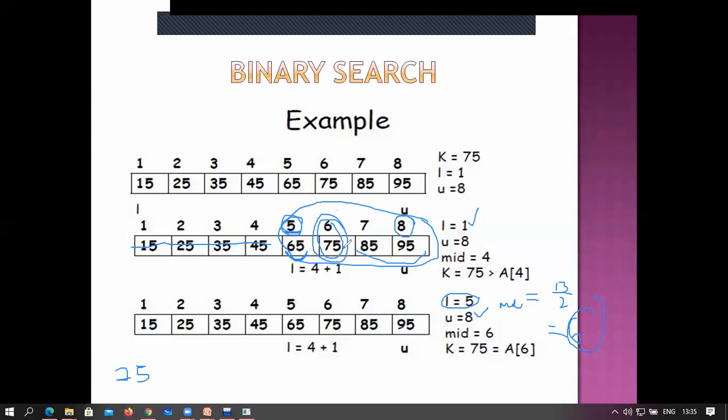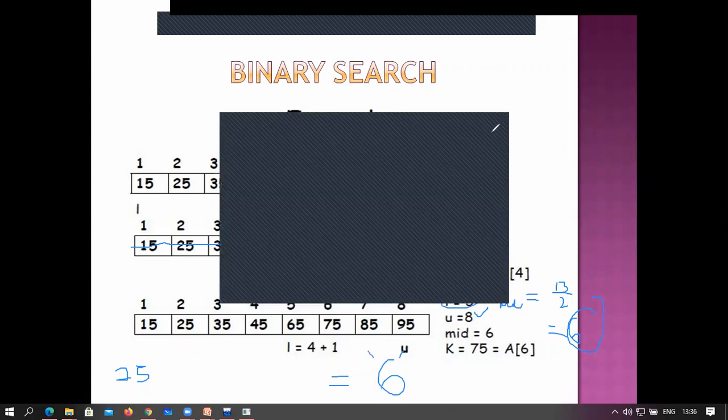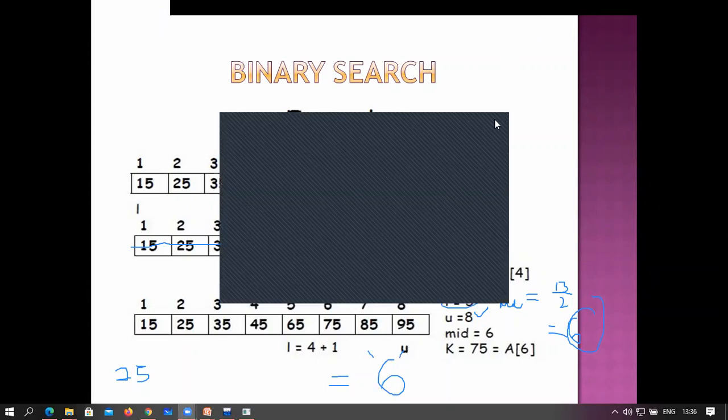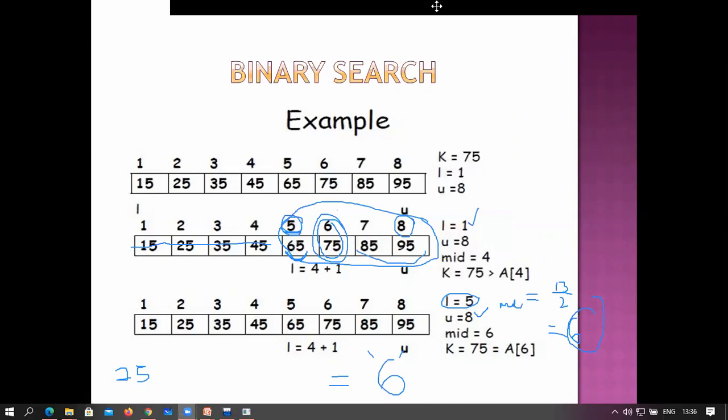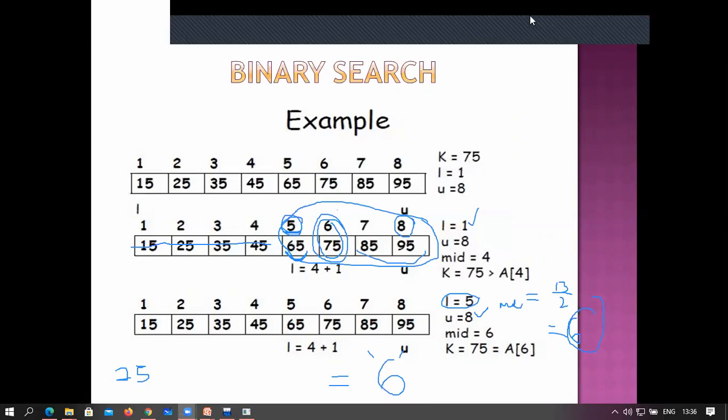Is 75 equal to 75? Yes. 75 is equal to 75. That means you can say your element is present at location number 6. So you can say your item is present at location number 6.